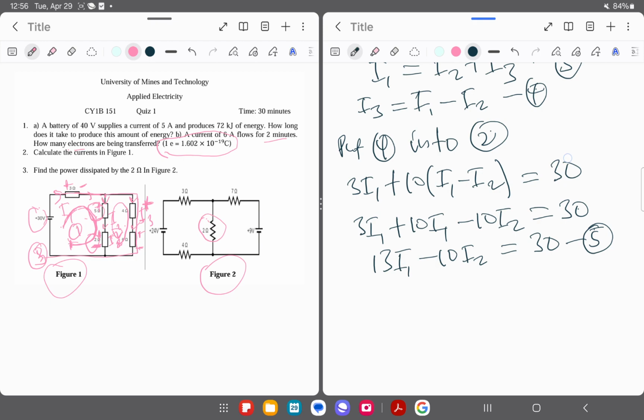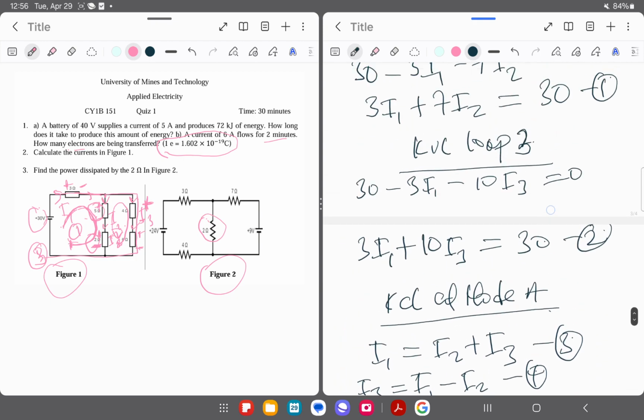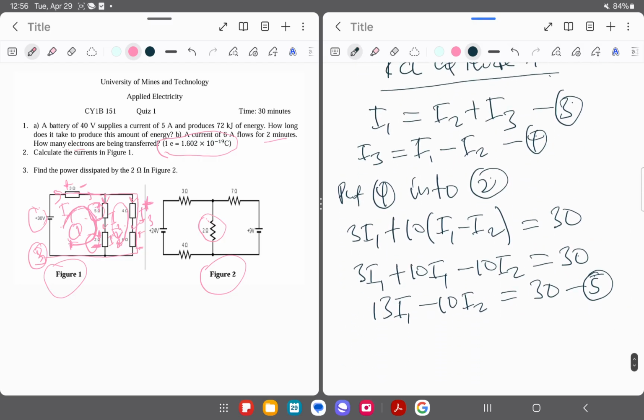Now to solve for this, let me write equation 1 below. Equation 1 is 3I1 plus 7I2 equals 30.